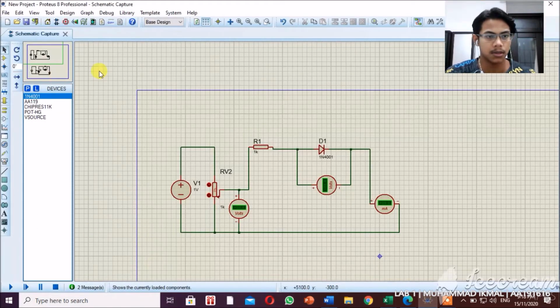So let's try. I try for 1 volt and I continue for the 100% pot, and the voltage I get at the silicon diode is 0.58 volt, and the current flow through the diode is 0.42 milliampere.